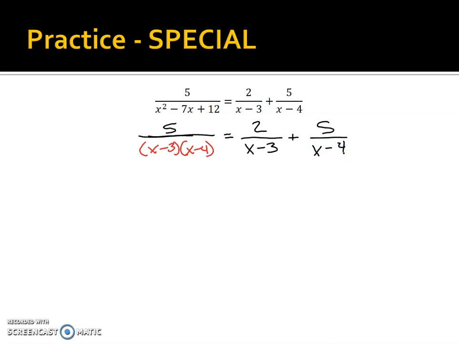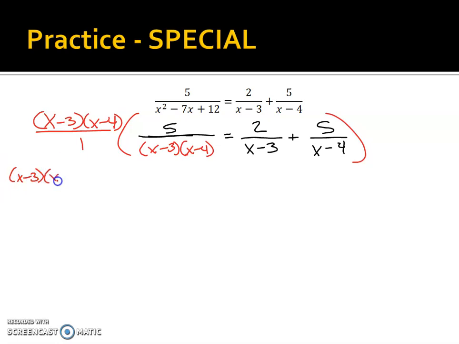Okay, so what would our common denominator be that we need to multiply everything by? Well, I think we can see that each of them has an x minus 3 and each of them has an x minus 4. So we should multiply by that on everything so that we can see what all is left. So again, going to show the big long step here.